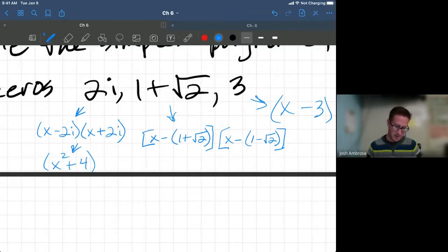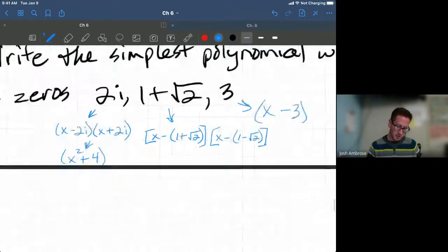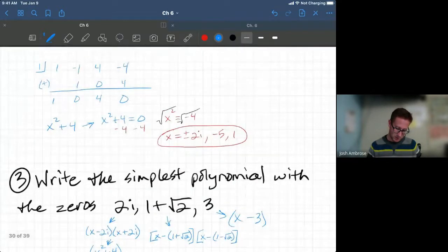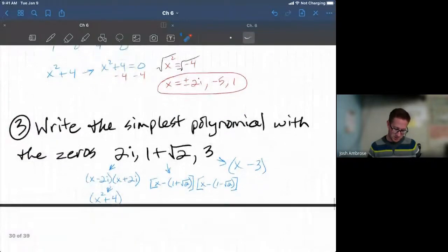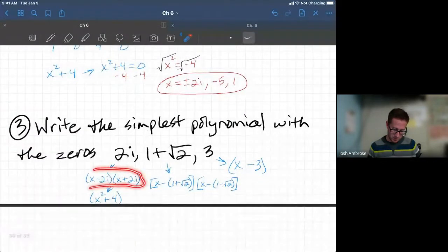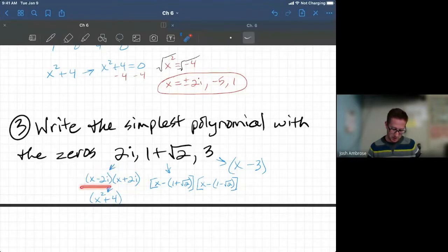And this is kind of nice because if you imagine, let's go back to that last problem real quick. You see how we had x squared plus 4 and it equaled plus or minus 2i? You can imagine it's the same thing, right? We're just showing the binomials. Here's your plus or minus 2i. Plus or minus 2i, where'd it come from? Right here, the x squared plus 4. So I'm just kind of showing you both directions that this works in.